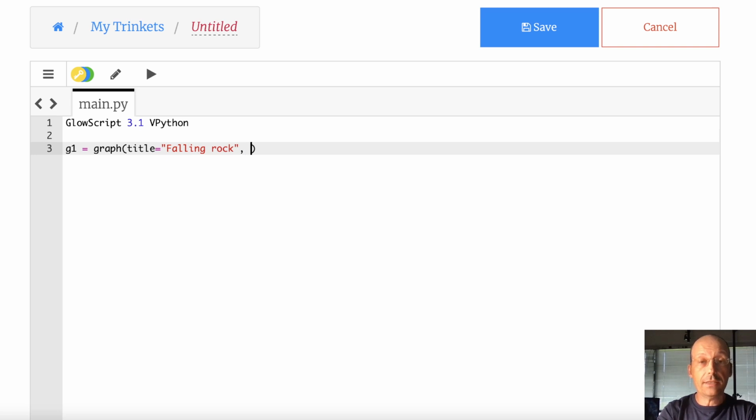I can give it an X title, X title equals R in meters. I can give it a Y title, and it's going to be equal to V in meters per second. Let's give it a width, spell it correctly, of 500 and a height of 250. This is the width and height of the graph.